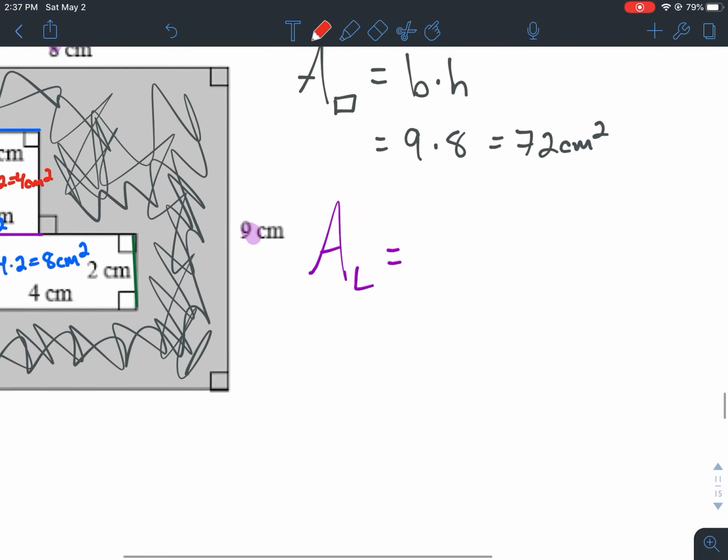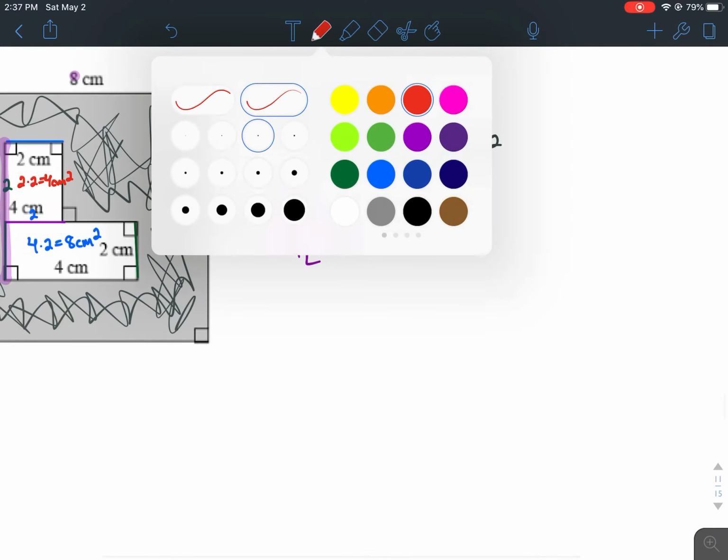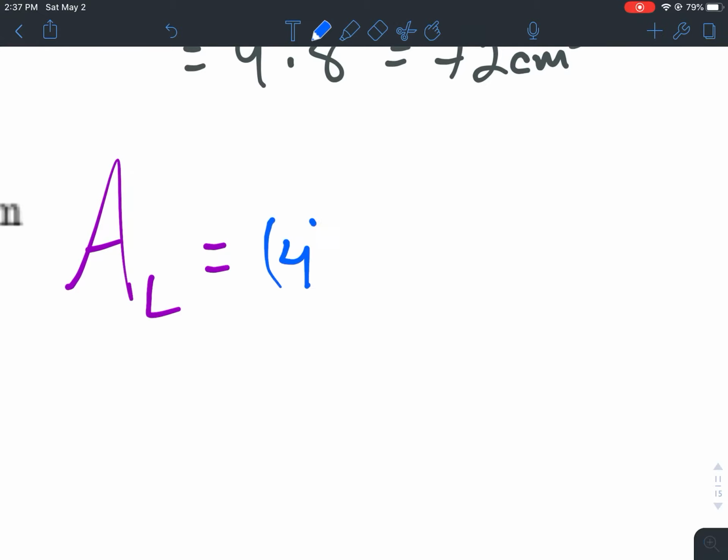So the area of the L ended up being the area of that bottom rectangle, which was 4 times 2, plus the area of the square, which was 2 times 2.